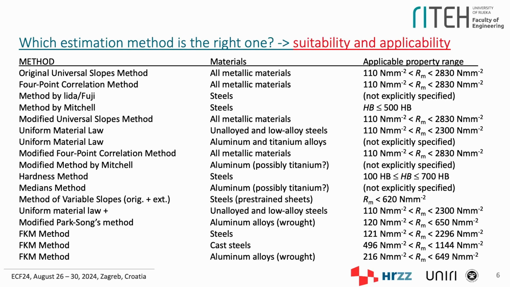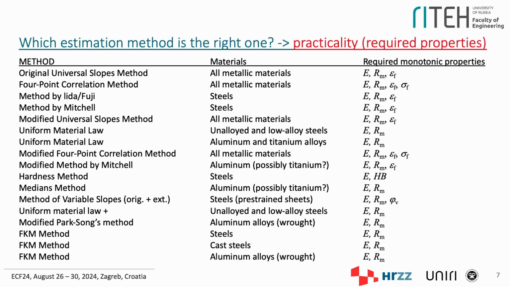This is well-known information provided by the authors, and for most of them there is also a certain validity range, an applicability range within which, regarding the monotonic properties, these estimation methods are recommended to be used. For some of them, this is not explicitly specified. So again, there is a certain amount of unknown information, but using reasonable thinking helps in any case.